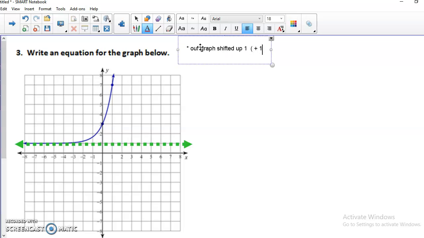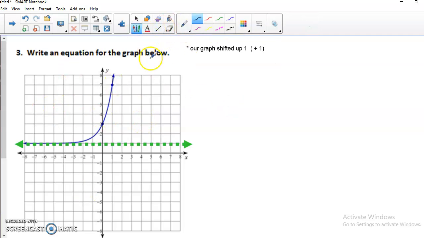So we know we're going to be adding a plus 1 to the end of our equation because our horizontal asymptote is up 1. The only thing that has moved is that this initial point here did not move left or right off that y-axis. So we only have to worry about moving that point back down 1 to see where it started.